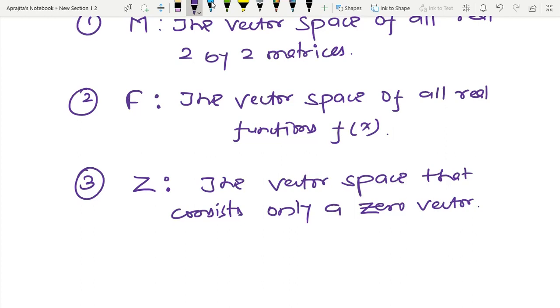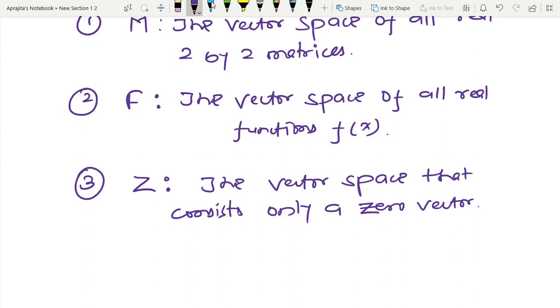In each case we can add: in the first case we are adding matrices to matrices, in case 2 functions to functions, and in the last case we are adding 0 to 0. We can also multiply a matrix by some number. You can assume any number, 4 or something.